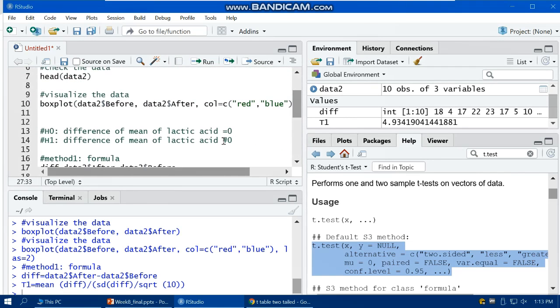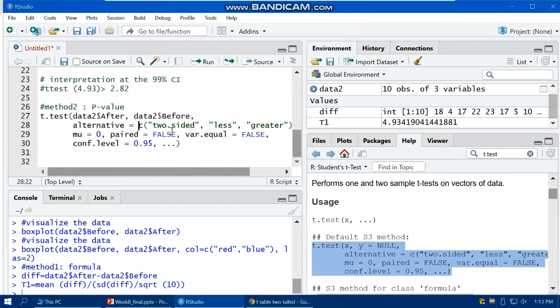Because the direction doesn't really matter, whether it was improvement or not. So we're going to see whether they are different or not. If I want to see whether there was improvement, I use greater. But here we are just interested in whether these two groups are different or not. So the alternative is just two-sided.